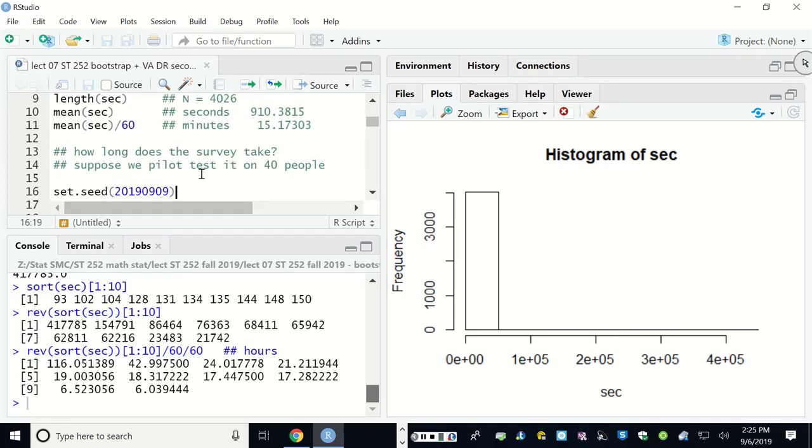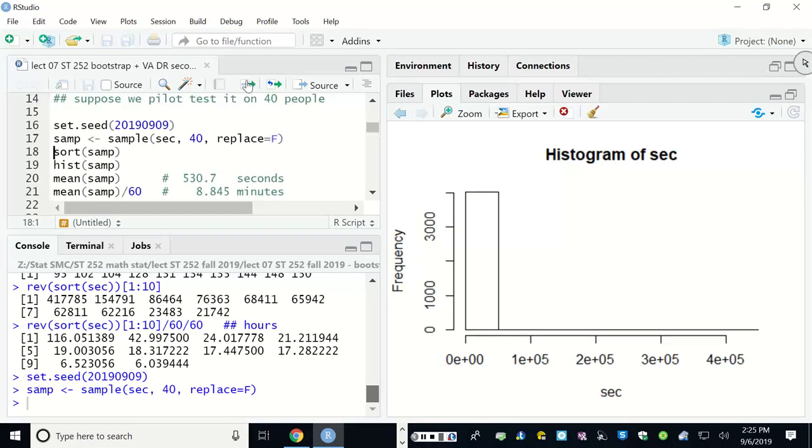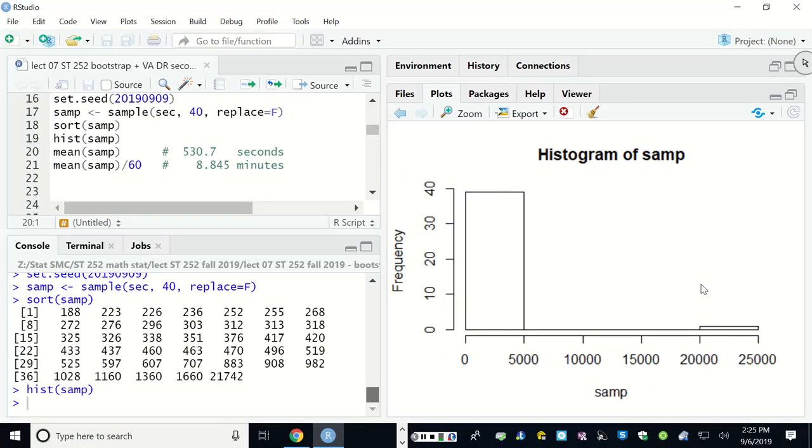Right. And here, I was going to do this on Monday. We might still come back and look at this for Bootstrap as kind of a difficult case after we look at a more rational case. And I take a sample of size 40. Here's the 40 sample values. It did get one value that's pretty large. Here's a histogram of the values. So it kind of looks funny because of that one there.